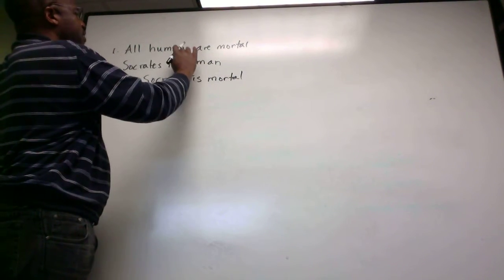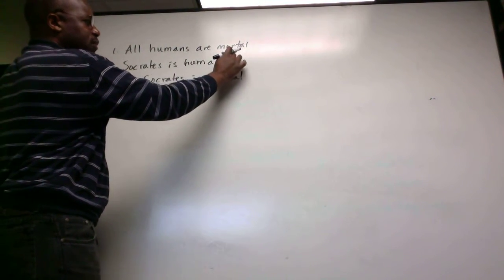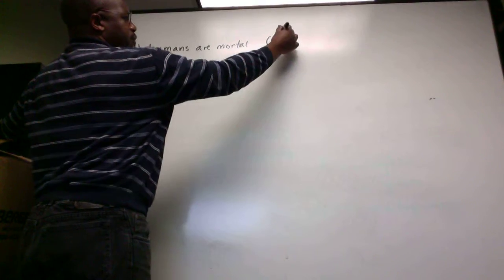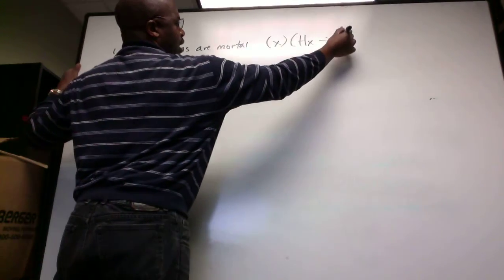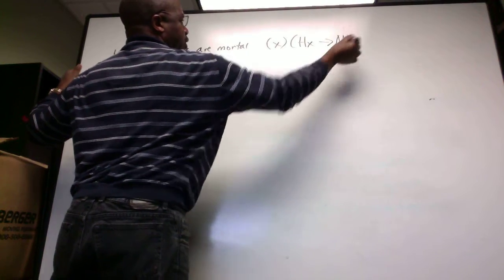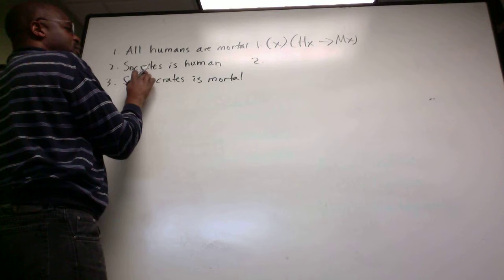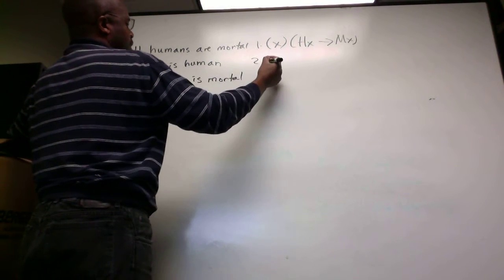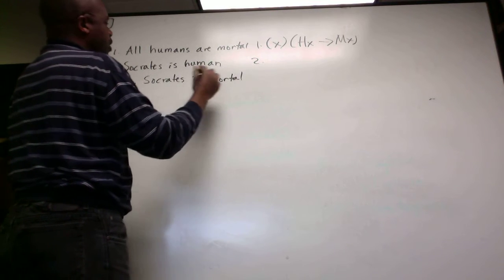You symbolize this. For all x, if x is human, then x is mortal. That's step one. Symbolize this: Socrates is human. Notice that this is already an instantiated statement.